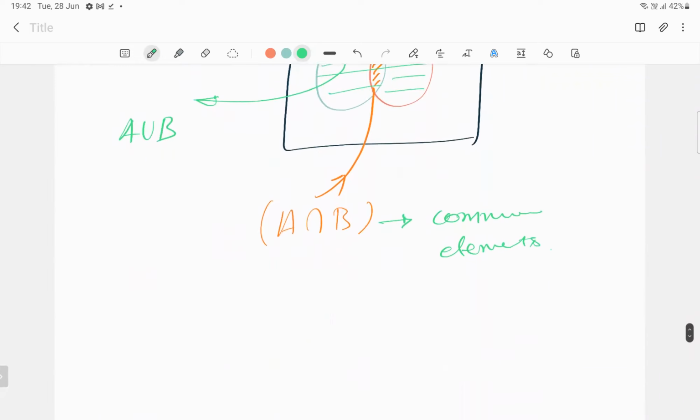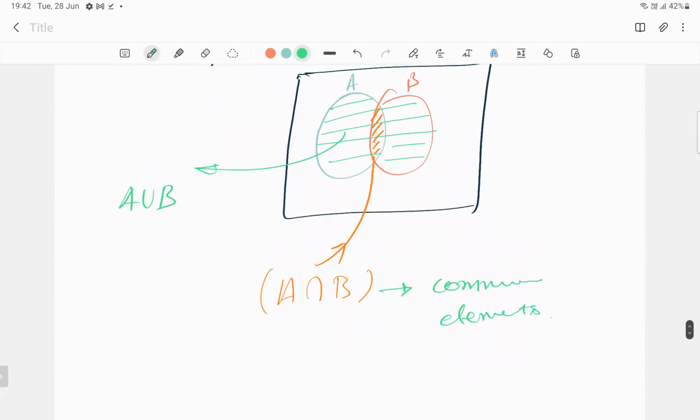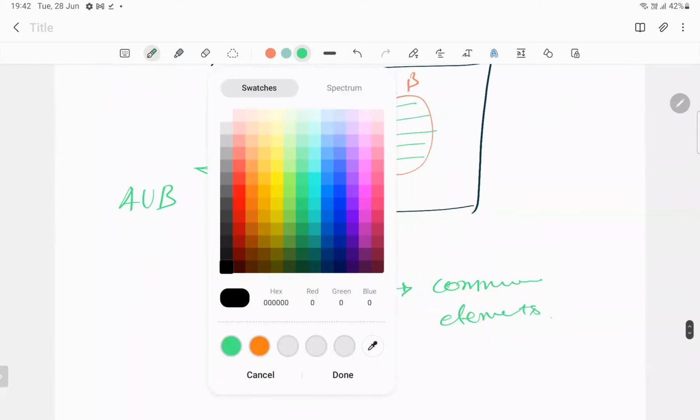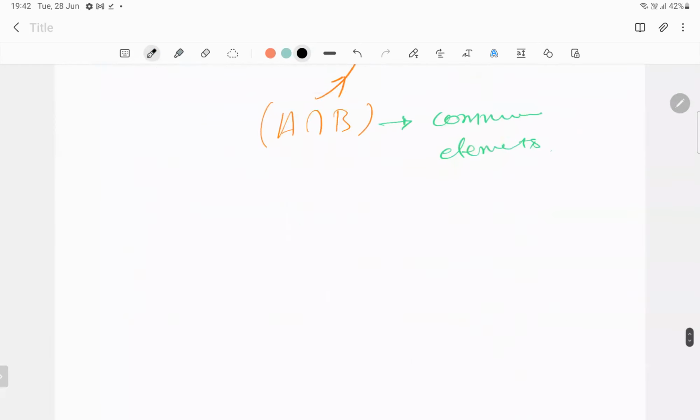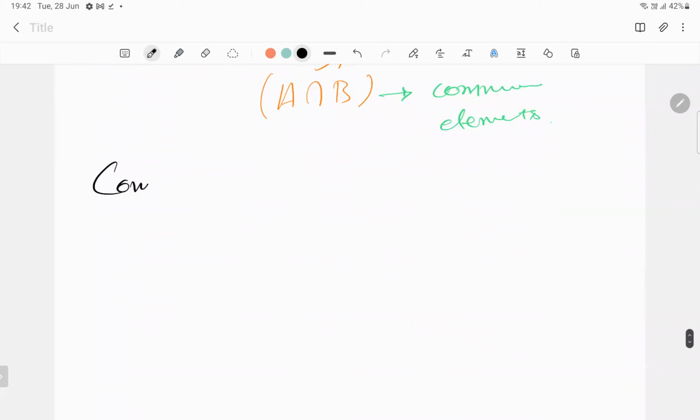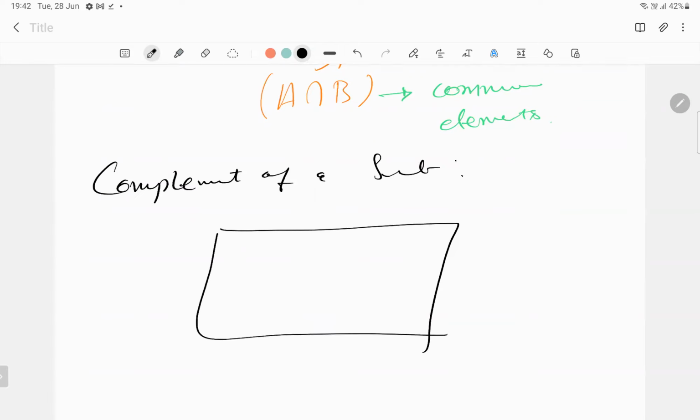Now there is something called the complement of a set. What is the complement of a set? Suppose we have a universal set. Now you can understand the Venn diagram, right? And you have a set A. Like the universal set is your forest, and A is the number of elephants in the forest.